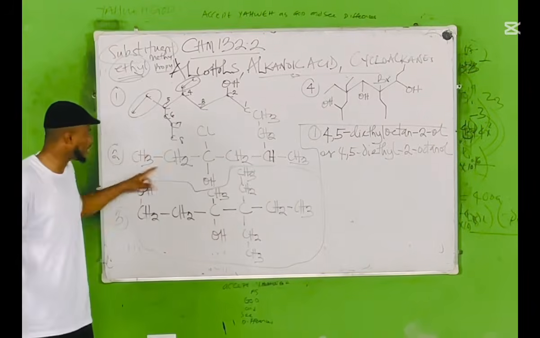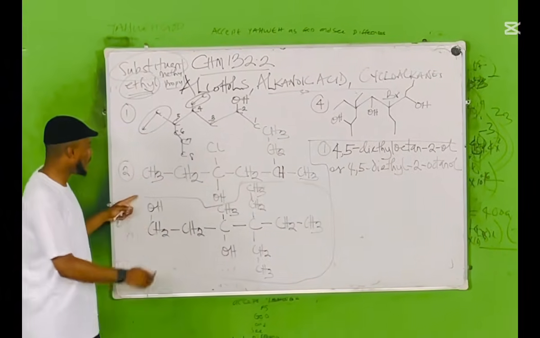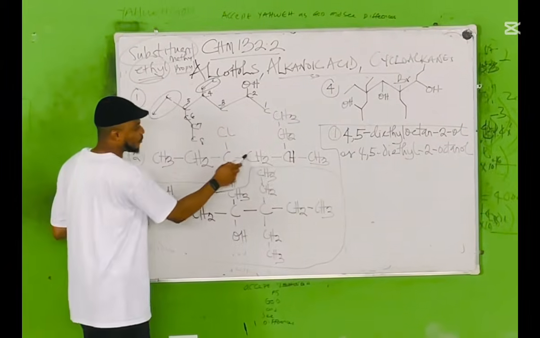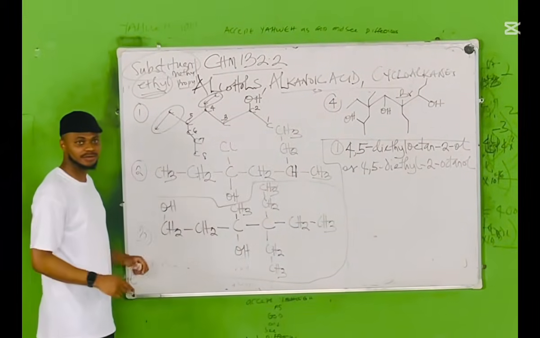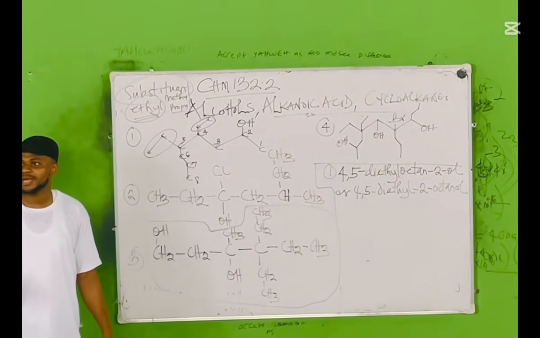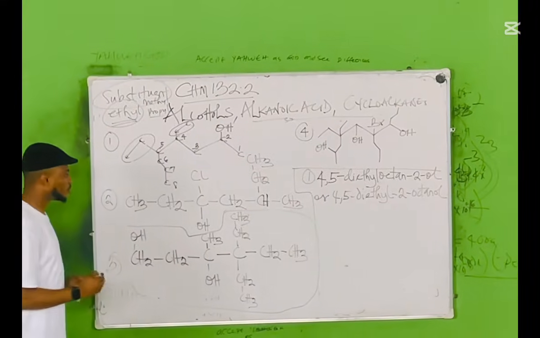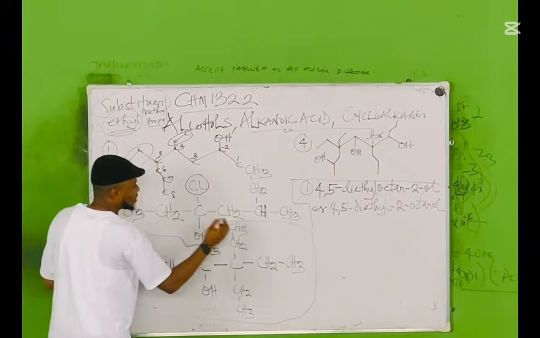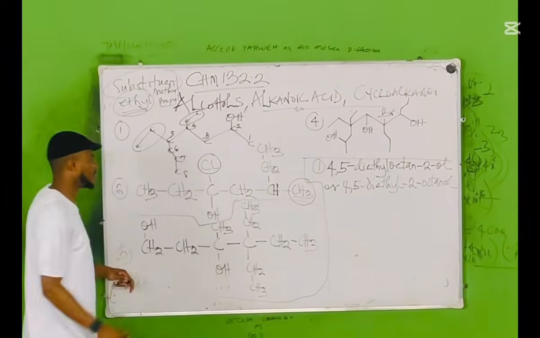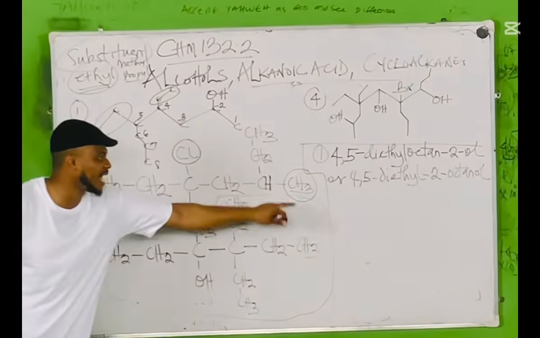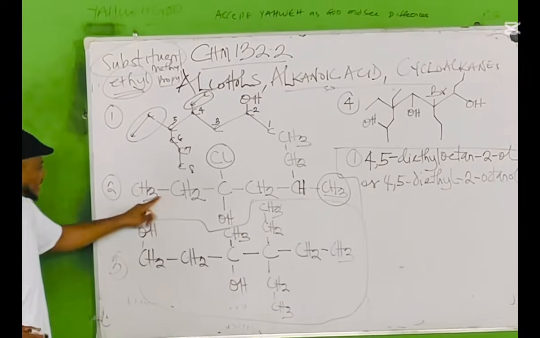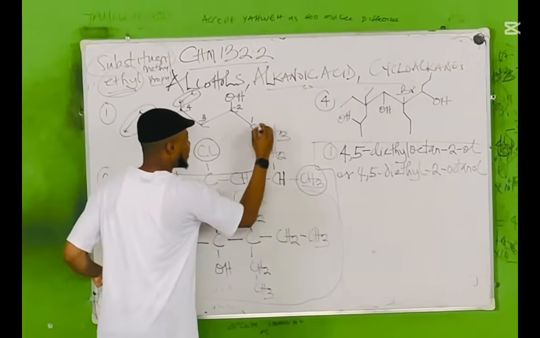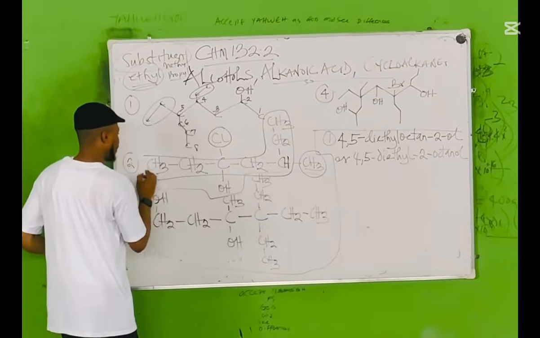The straight chain has 6 carbons, right? But now, if we move like this and we go up, we'll have 1, 2, 3, 4, 5, 6, 7. 7 is what? Heptanol, right? Good. So now, in this particular structure, we have just 2 substituents, this and this. We have chloro and we have methyl. So like this now is the parent chain.